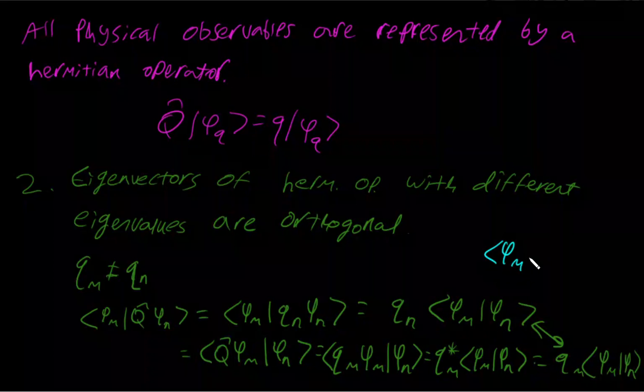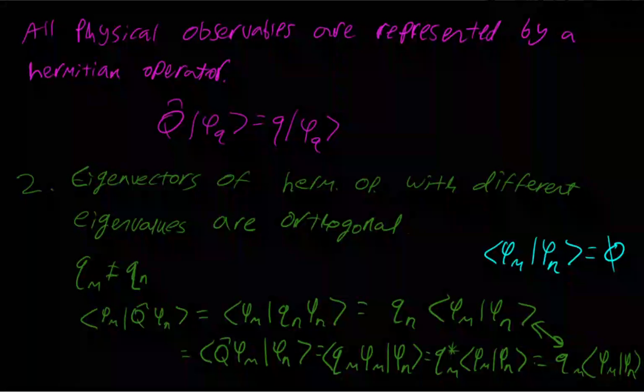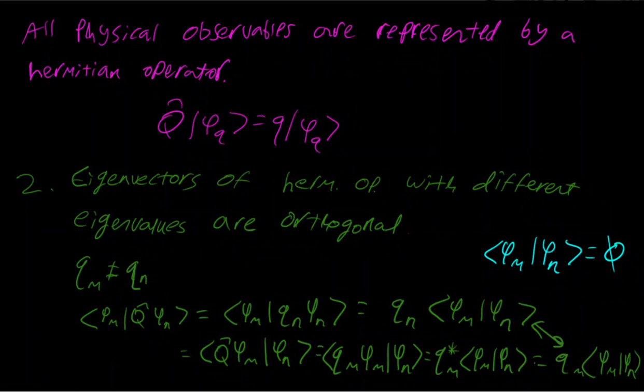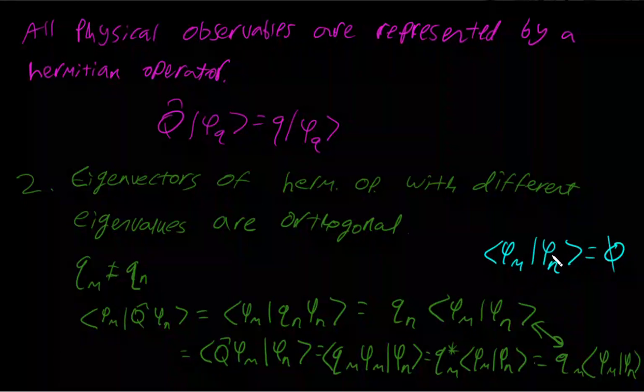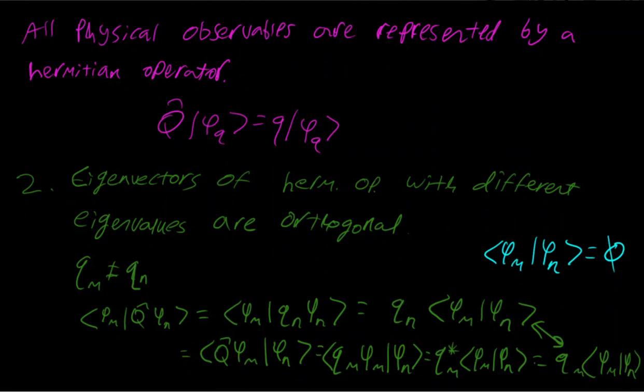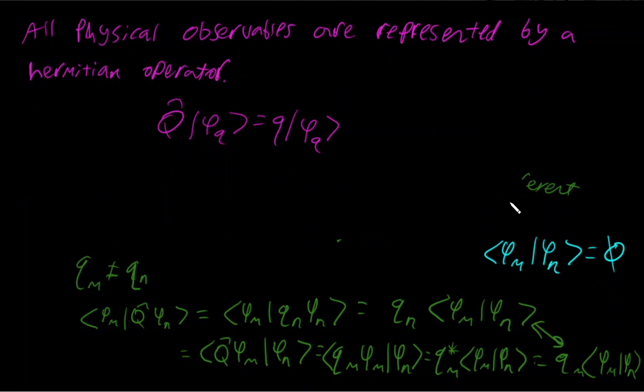Phi m phi n must be equal to 0, assuming m and n are not the same. We assumed before in the other video that qm was not equal to qn. These are each distinct states with distinct values of the observable. So if they don't have the same value of the observable, they're orthogonal, which makes perfect sense according to our idea of a physical observable. So that works out perfectly.